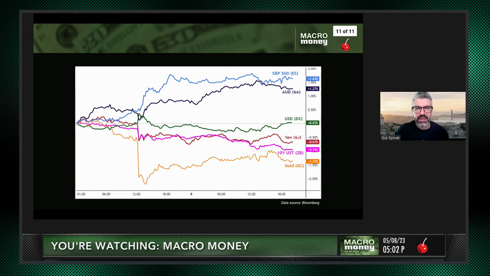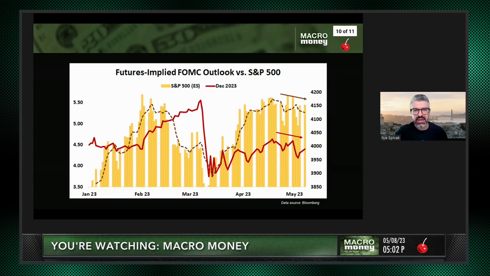That would be how the Aussie and stocks are higher. So that's good data being good for markets. And of course, the flip side is if the data were bad, that would be bad news for markets, as we see here. Sort of general trajectory for where this is going.